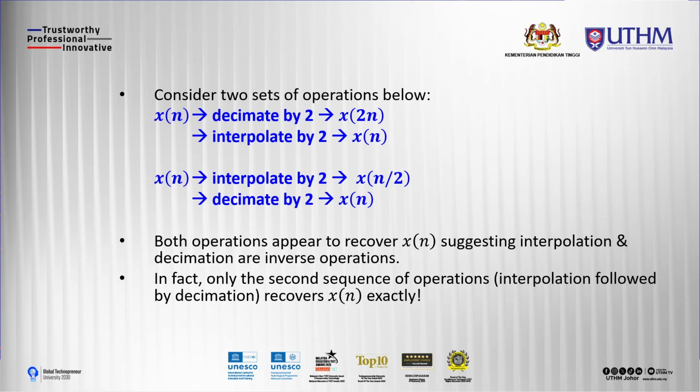But actually, only the second sequence, meaning interpolation first, then decimation, can recover x[n] exactly. Do you know why? Guys, do you know why? Because when we decimate first, some samples are permanently lost. So interpolation cannot recover those lost samples. That is why only the second sequence can recover exactly.